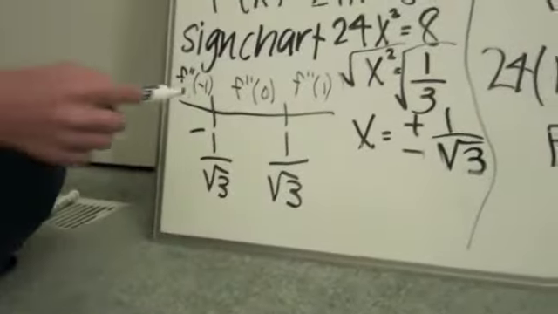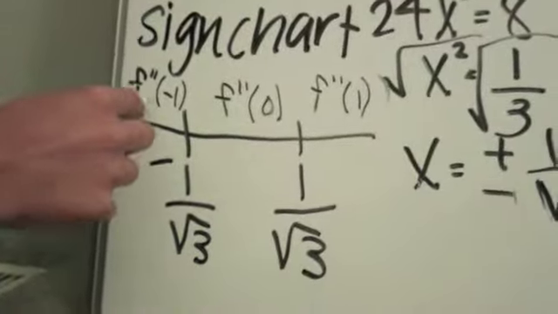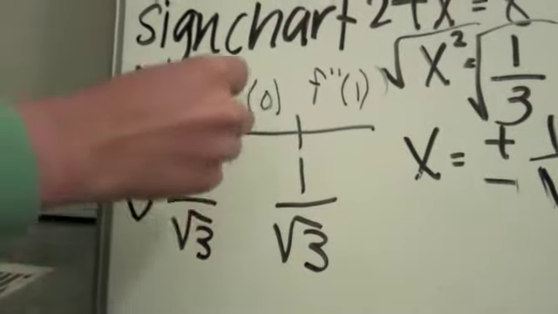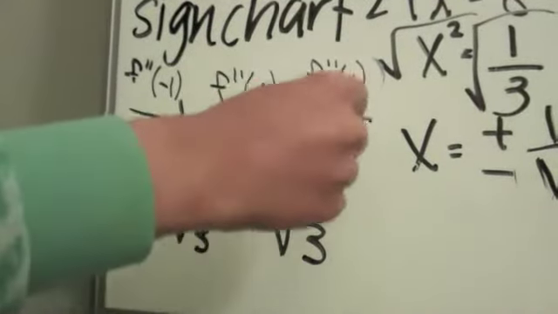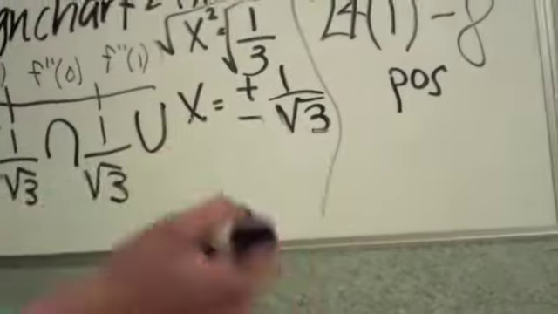So from that information, we get that the -1 is concave up, the 0 is concave down, and the 1 is concave up. So we'll just write it out in the form that we're supposed to write it out in.